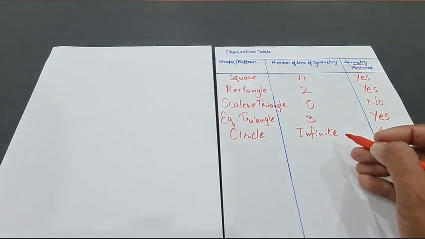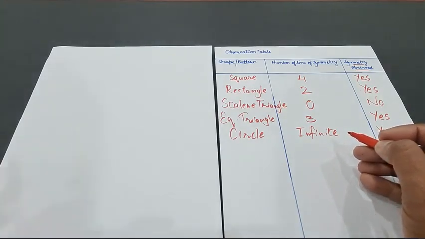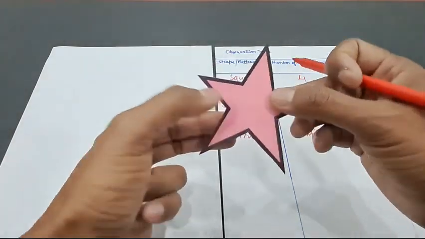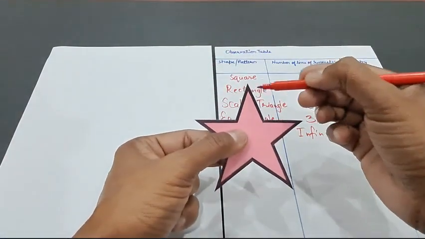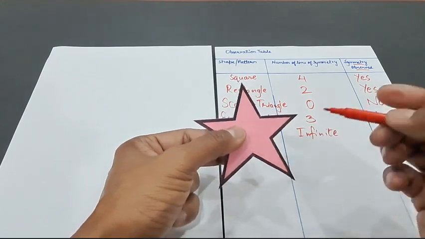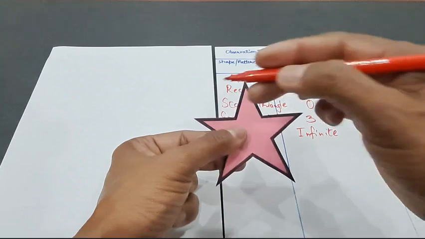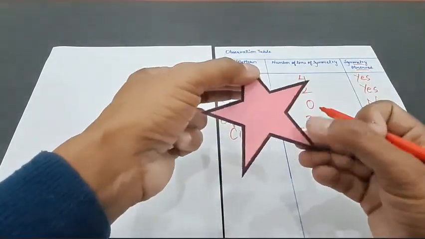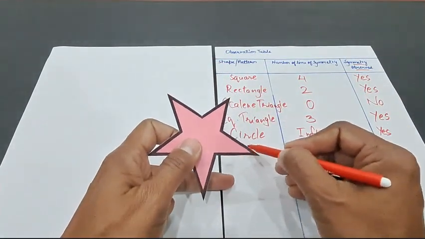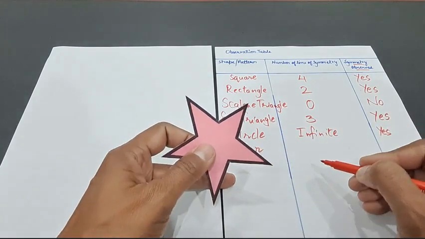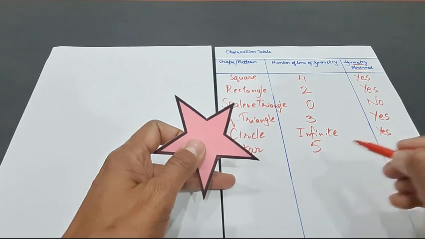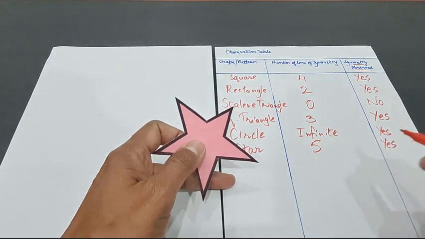And finally, if you have an object like a star, this is a uniform star, all these sides are the same length. The number of vertices is 5 in this case, right? So this 5-vertex star has 5 lines of symmetry, and yes, symmetry is observed.